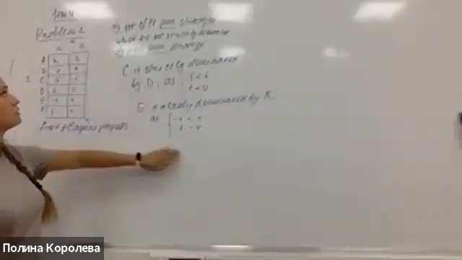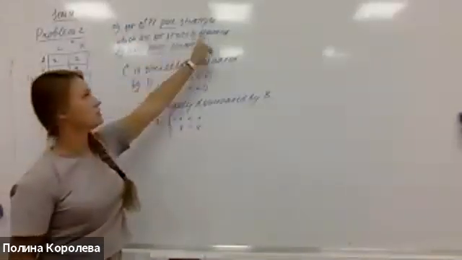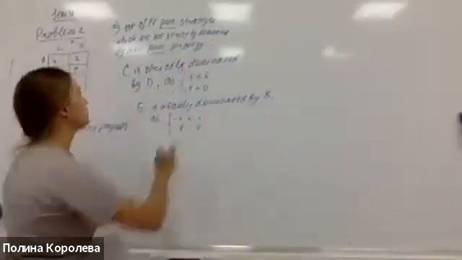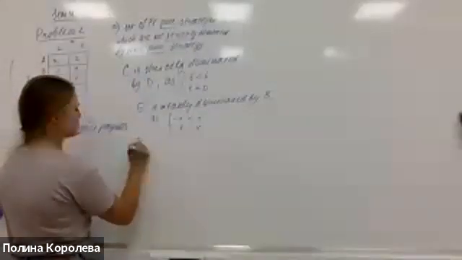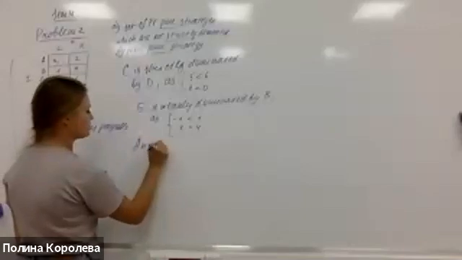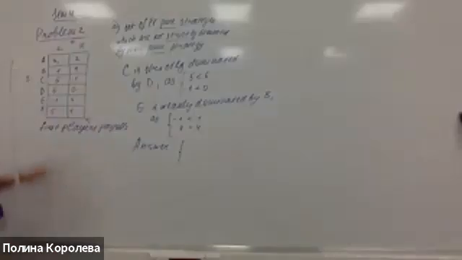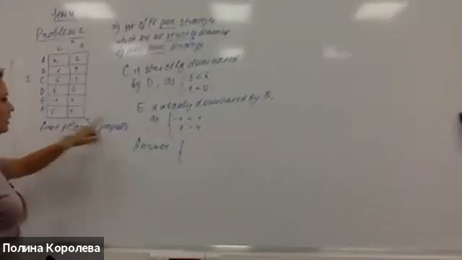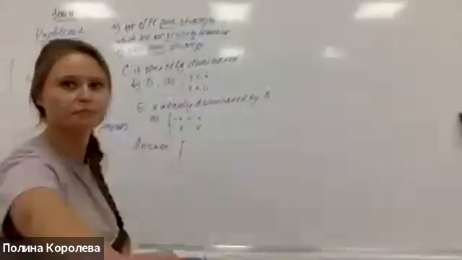But our task was to find out the set of pure strategies that are not strictly dominated. So what will we write down in the answer for this task? Answer: A is not strictly dominated. B, D, E, and F. Why do we write down E? Because it is only weakly dominated, but not strictly dominated.